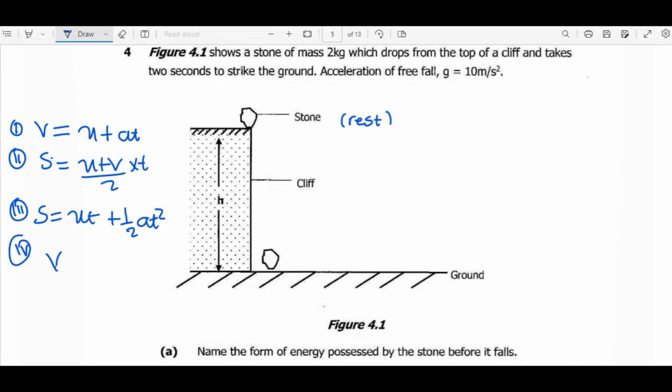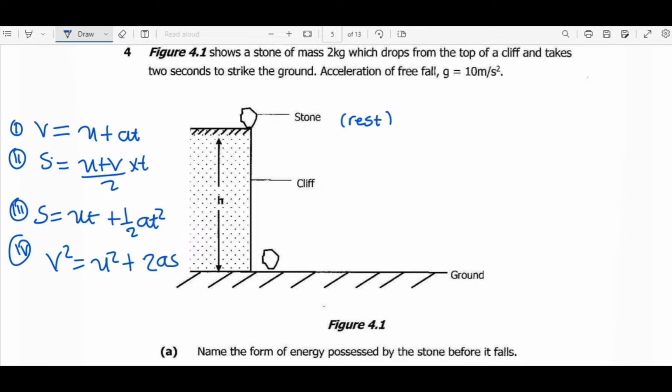The fourth one, v squared is equal to u squared plus 2as. Here v is final velocity, u initial velocity, a acceleration, t time, and s is the displacement or distance. In our case, s represents the height that we are looking for.